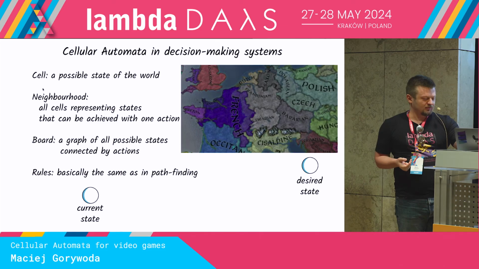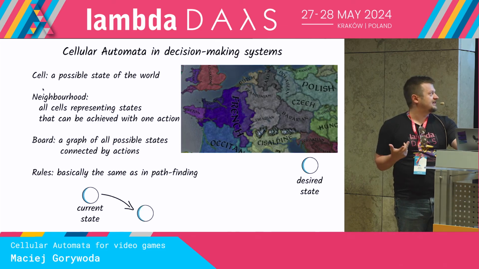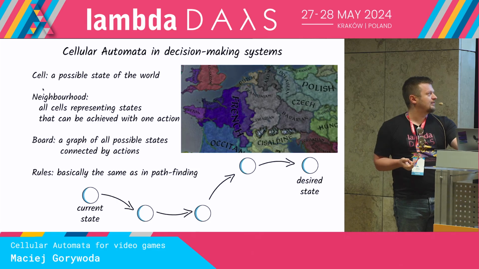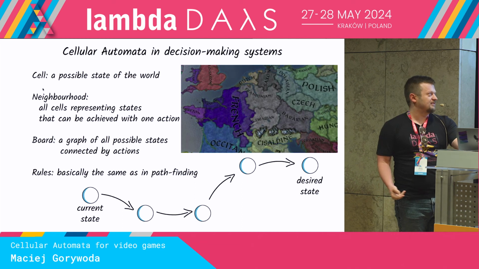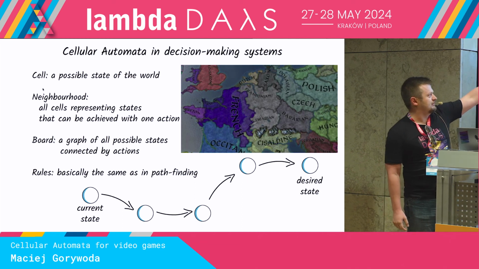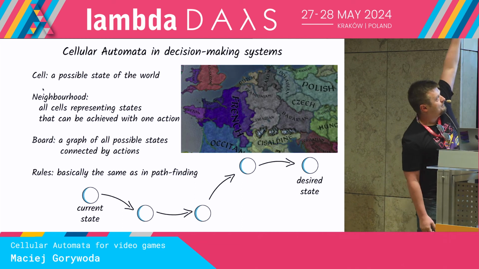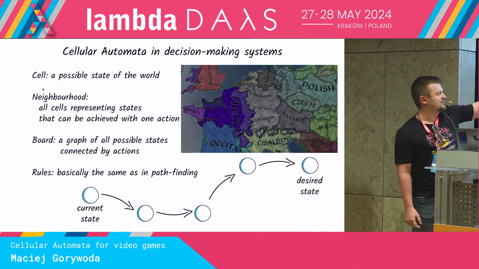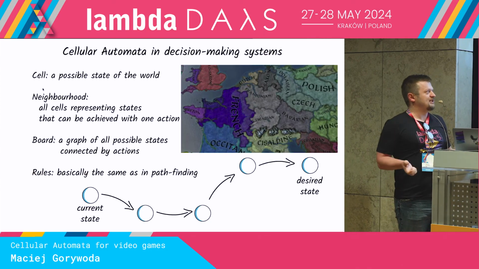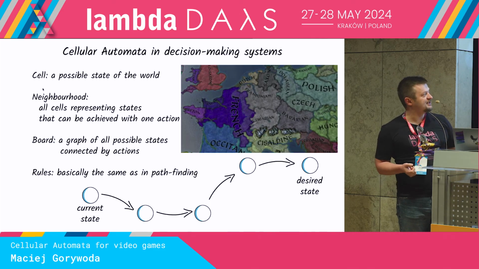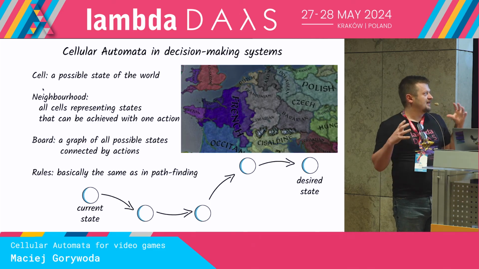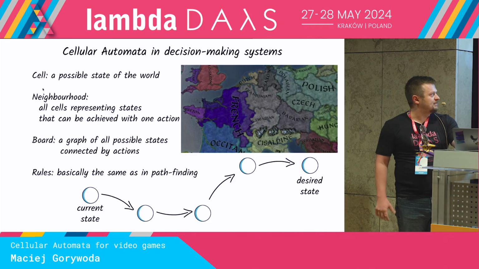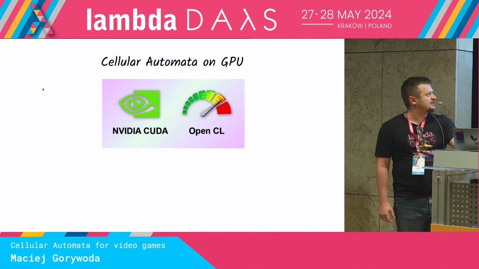Then I raise taxes, so I get more wealth, then I build a bigger army, and then I invade. You can imagine this is one path on a very big board, and this is what we found to be the best way to go from our current state to our desired state, using pathfinding on this abstract board.